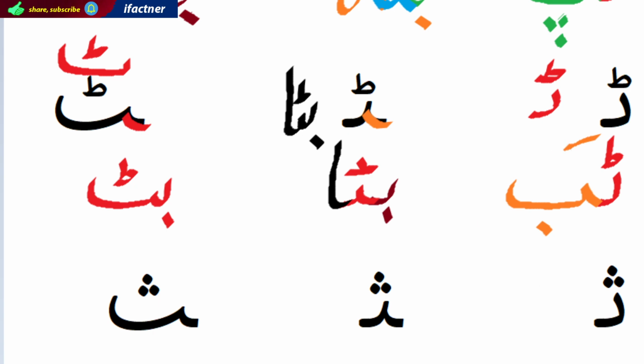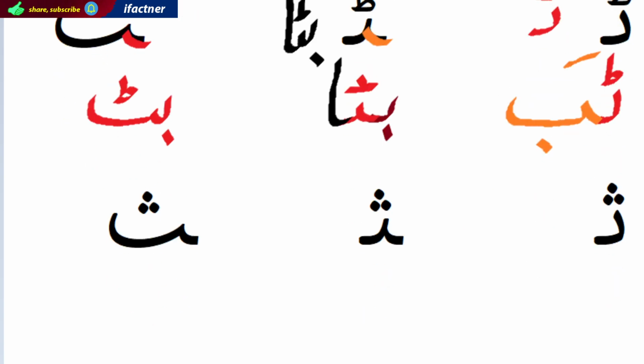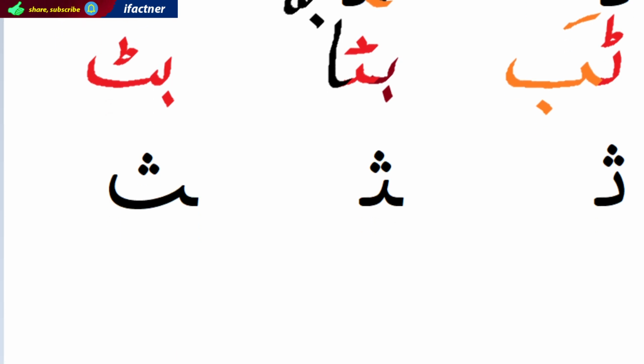Now let's move to the last character and that is se. Se is just written like be, pe, te. So when it appears at the beginning of the word, you just take the first part and put 3 dots on top.